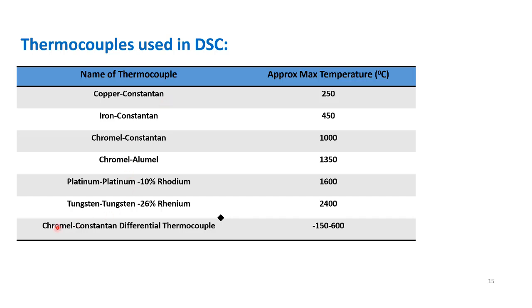But again, if we want to increase the temperature, then various thermocouples are there: chromel, alumel, platinum with 10% rhodium, and tungsten with 26% rhenium, etc. These give very high temperatures, around 1000 to 2400. And then we have a chromel constantan differential thermocouple, which is from minus 150 to 600. So it goes in a negative range also. This is very widely used, but still we can use high temperature thermocouples also depending upon our application.